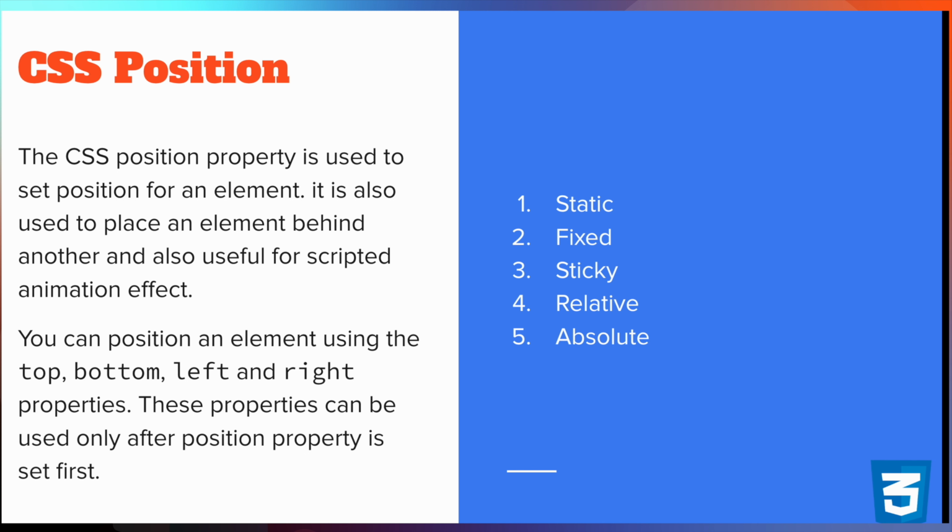We're going to be going into coding so that you will be able to see how you can make use of this, and also the use cases for all these types of positioning. We have five different kinds of positioning. We have static, fixed, sticky, relative and absolute. We're going to go through all these types of positioning and you're going to see their use cases.